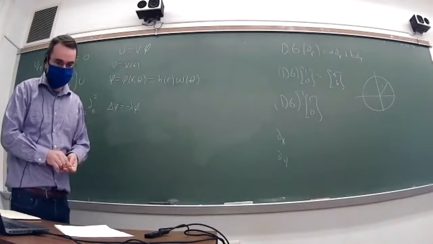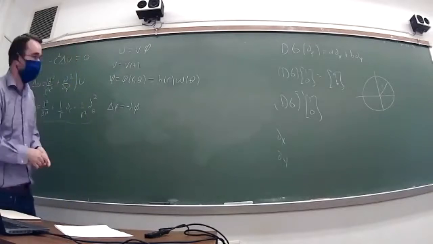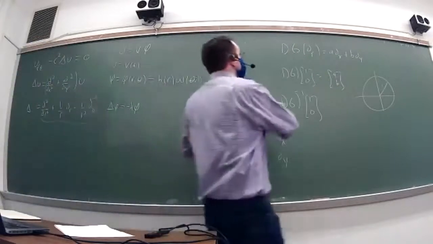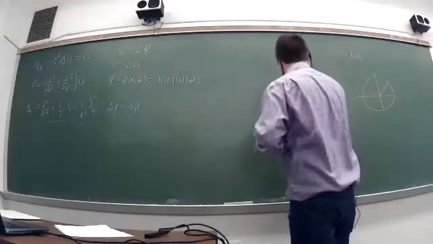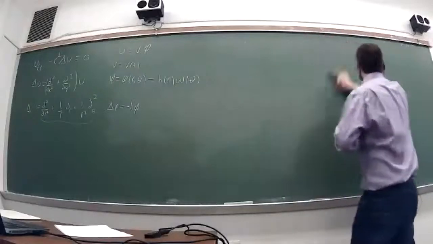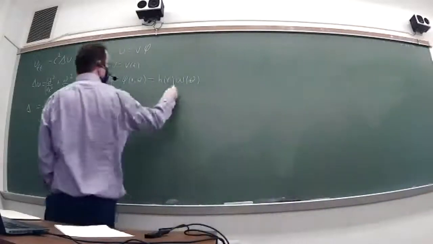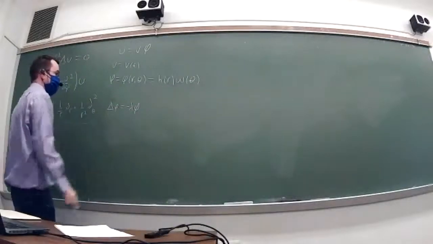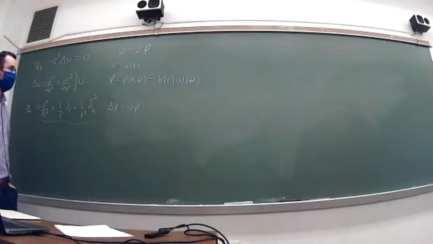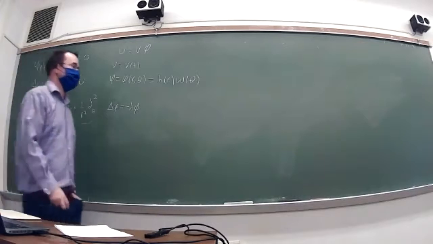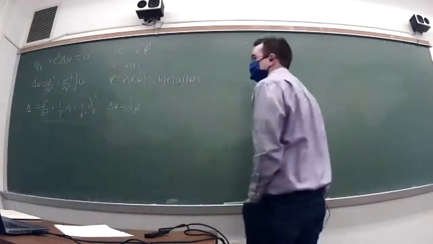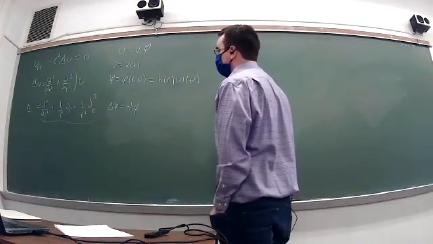So let's try to do that. And let's just proceed in a manner completely analogous to last time. Let's do this separation of variables technique, which is really just plug in this product formula into the equation and try to separate the variables. So let us do it.